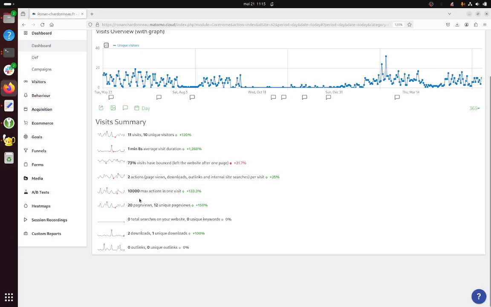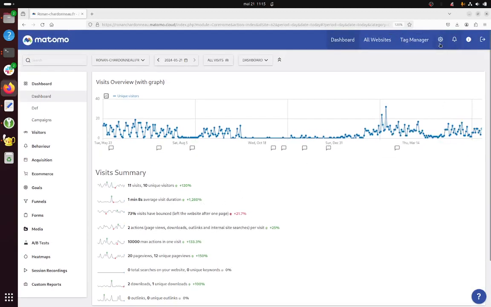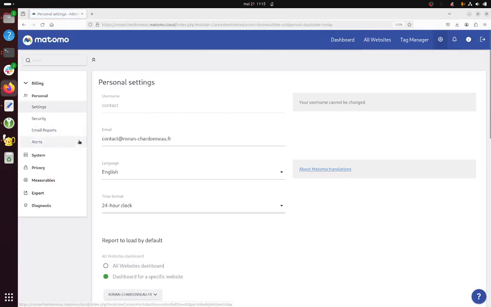Let's imagine that you have 10 visitors every day making 10,000 actions. That will represent 100,000 actions per day. If you multiply it by the number of days in a month, then you can roughly start to save millions of hits. And that's the thing that I would like to pinpoint today.